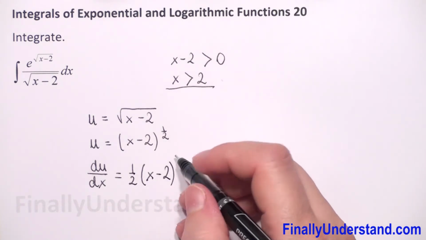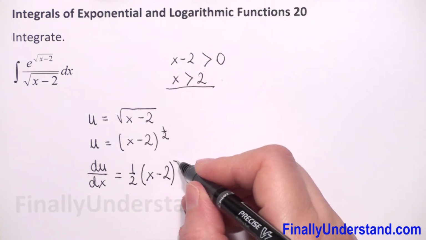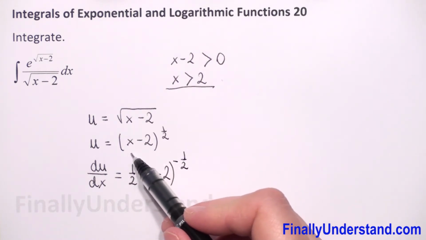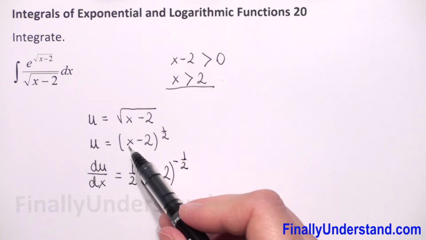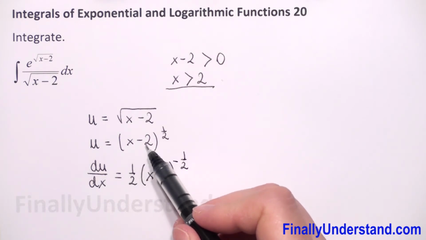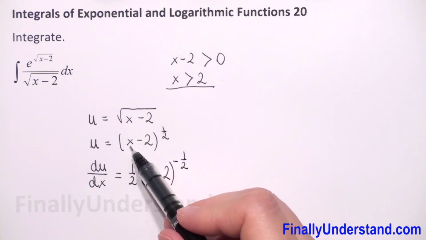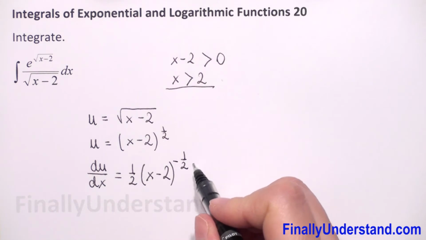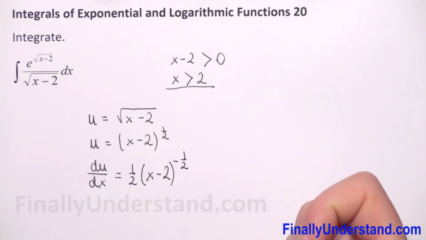The power will be 1/2 minus 1, so it's negative 1/2. And the derivative of the function in parentheses: the derivative of x is 1 and the derivative of a constant is 0. So we have in parentheses 1 only, and when we multiply this expression by 1, it doesn't change anything, so we don't have to write it.